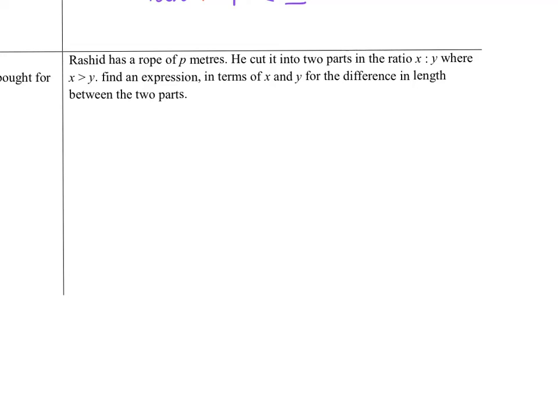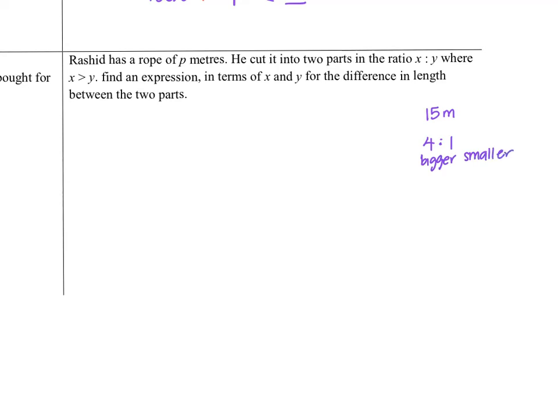For example, I have a rope of 15 meters. Example only. And then I cut it into two parts in the ratio, maybe 4:1 units, where x is greater, so this is bigger than y, so this is smaller.